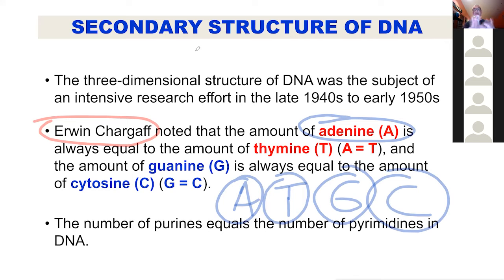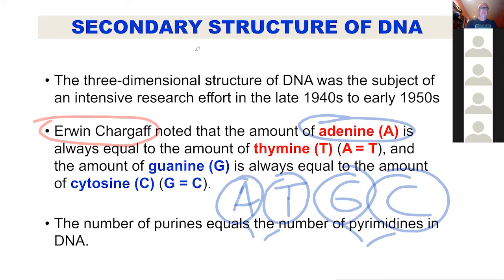Now, they didn't match each other, like the amount of guanine wasn't the same as the amount of adenine, but A and T were always the same, and G and C were always the same. So it seemed to indicate that there must be some interaction between A and T, and G and C, but nobody really knew what it was.